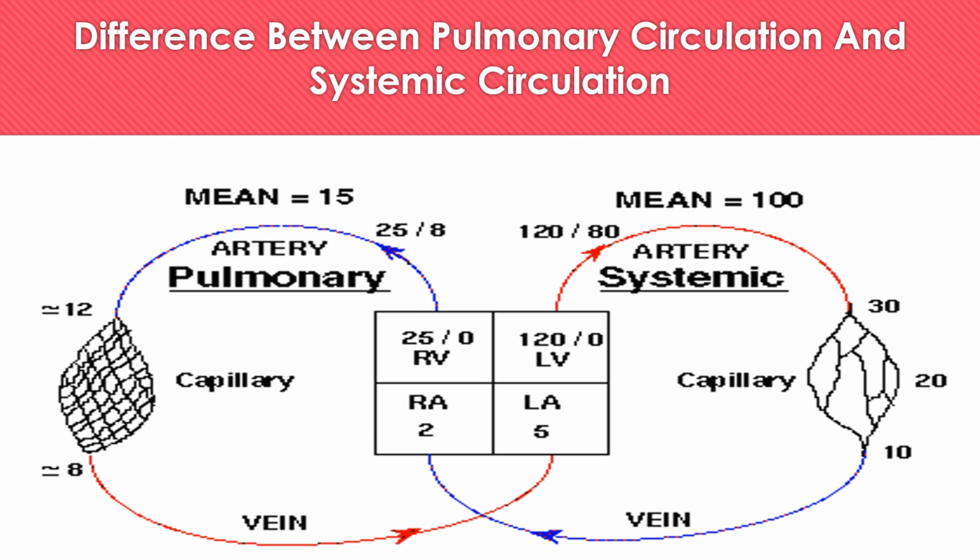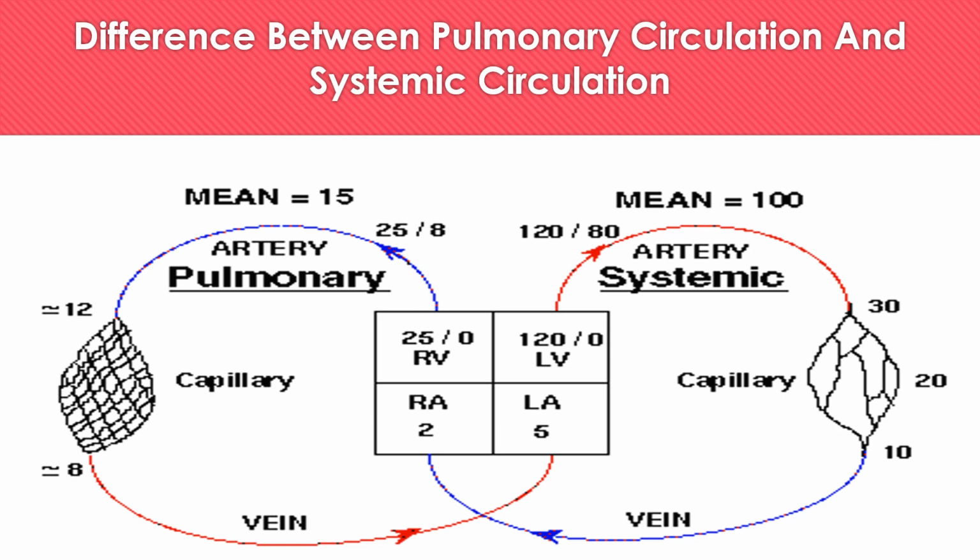And the pulmonary artery has a systolic pressure of 25 millimeter of mercury, and diastolic pressure is 8 millimeter of mercury.